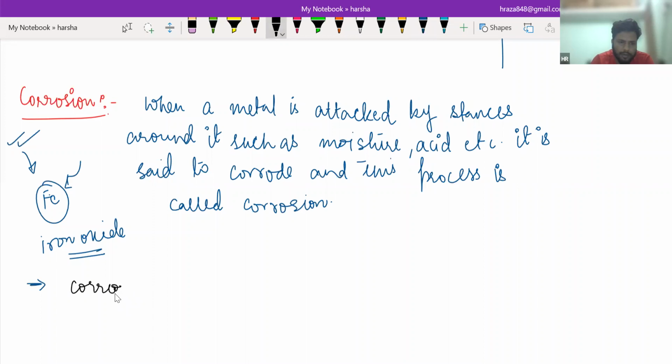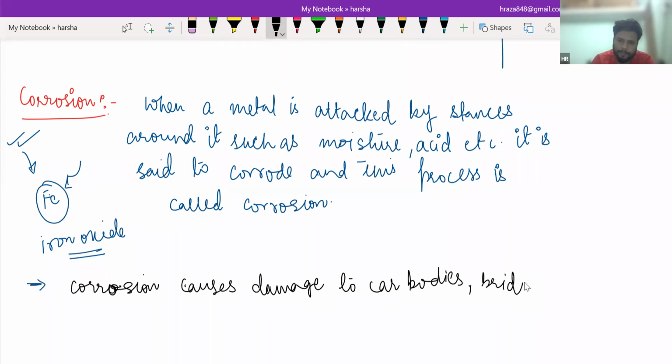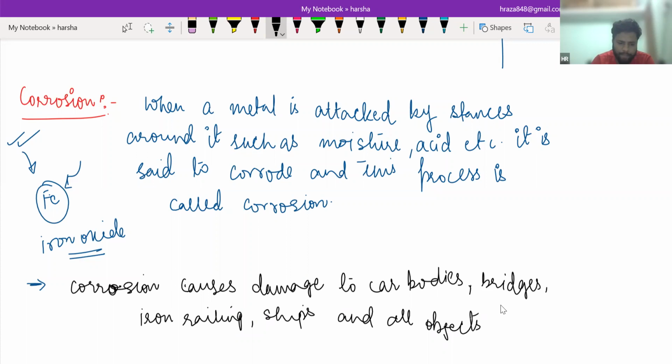Corrosion causes damage to car bodies, bridges also, iron railings, ships, and all objects made of metals, and especially those of iron.